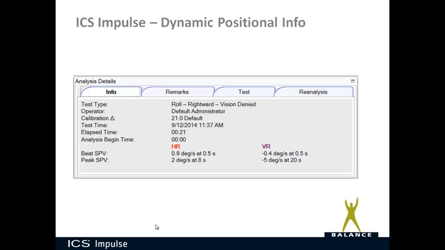Then I could set my cursor and choose where I want that analysis to begin. And then the begin time would be different than 0. The peak SPV is 2 degrees and -5 degrees, and that's nothing significant. And then beat SPV, if I click on a particular beat, that tells me how many degrees it was and at what seconds that beat occurred.